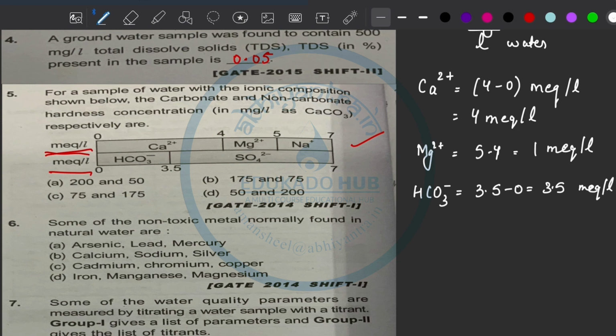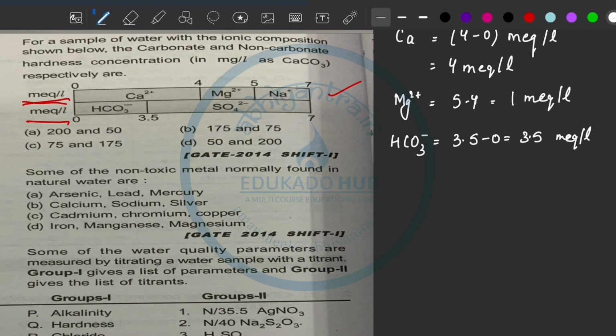So we have these values. Now hardness, what is hardness?